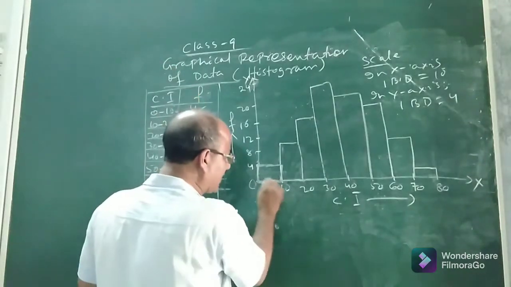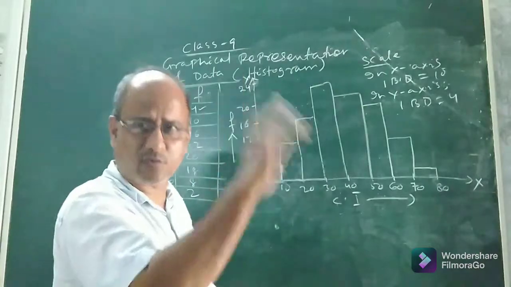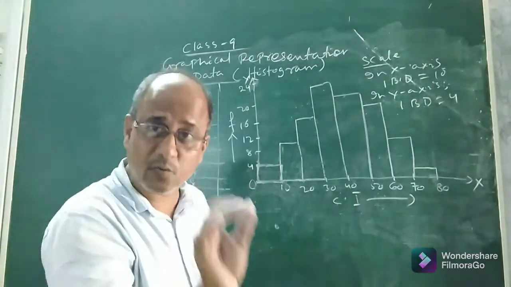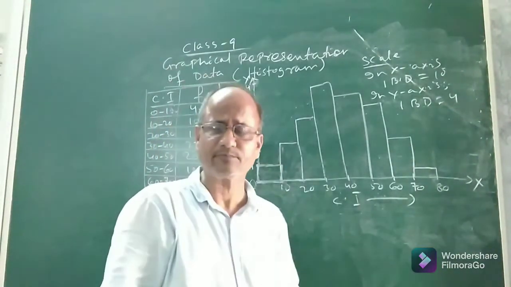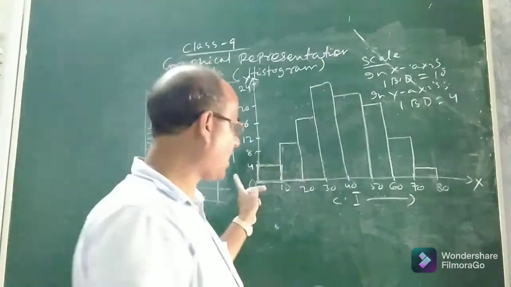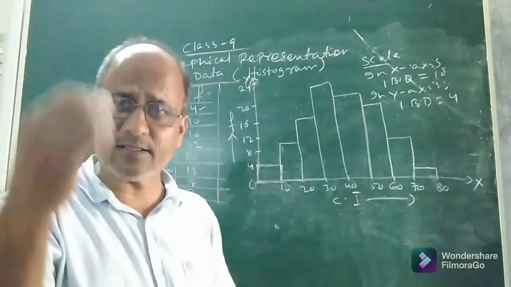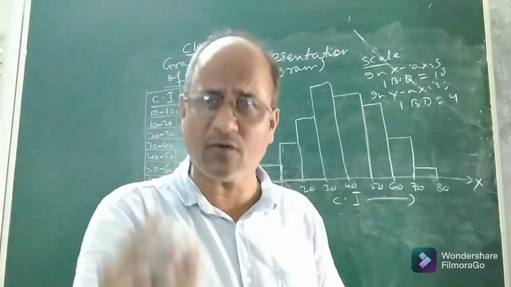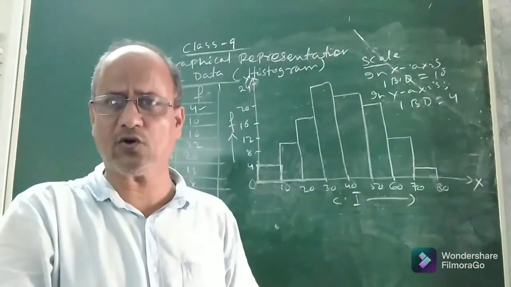The width of the bar will be equal to the class size or width of class interval, and the length will be proportional to the corresponding frequencies of the classes. This is a very important thing you must understand. So this is how to prepare a histogram, which is a graphical method of representing data of continuous classes having uniform width. In other classes we will discuss other cases of histogram.